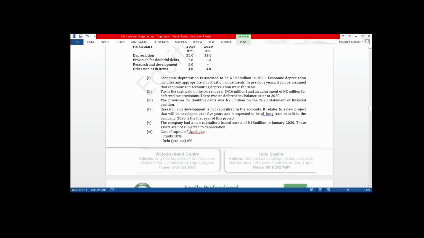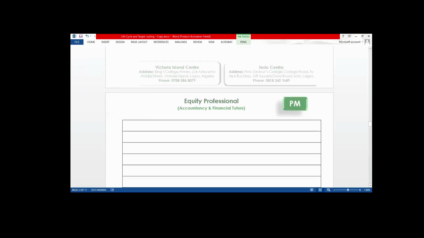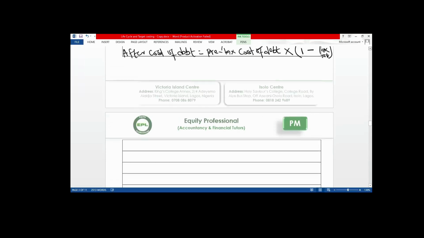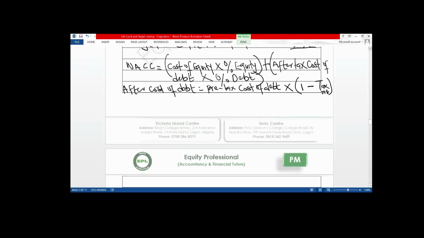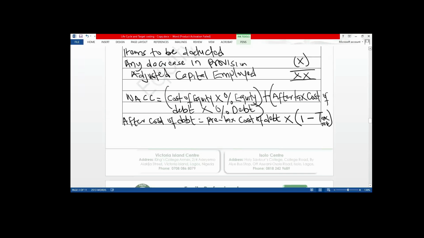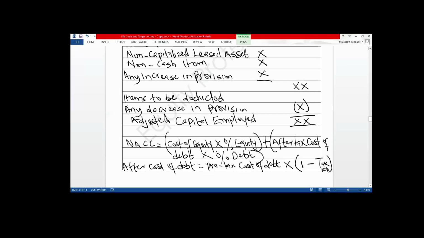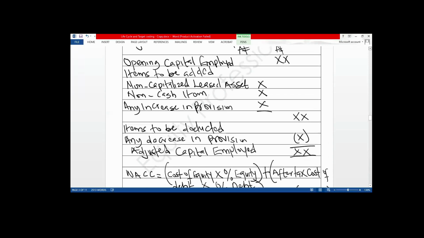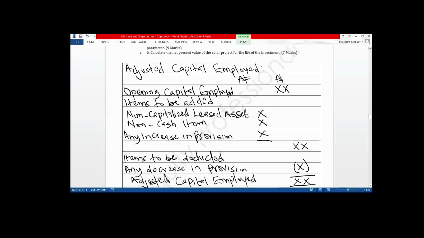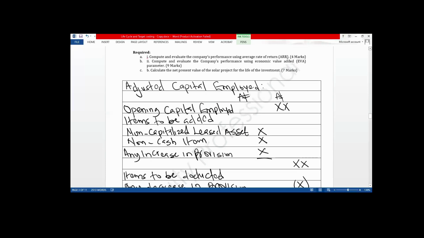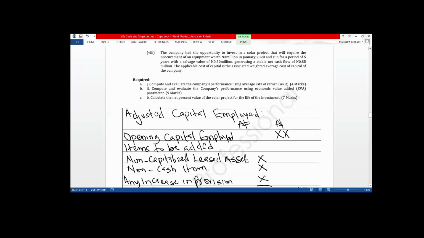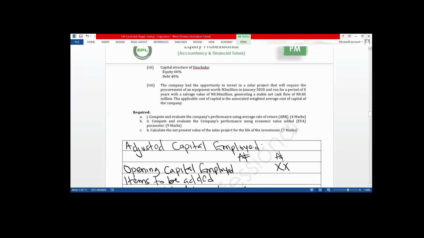The capital structure of Uzochukwu is equity 60%, debt 40%.